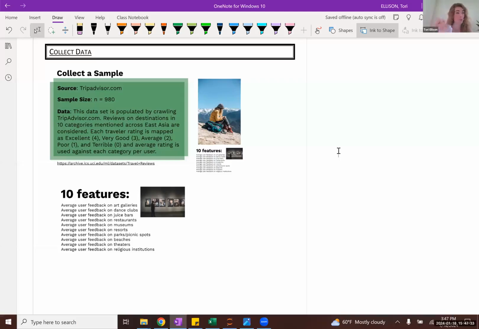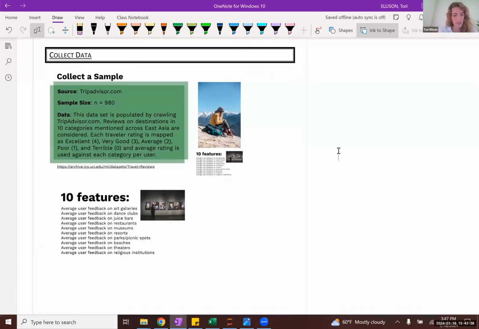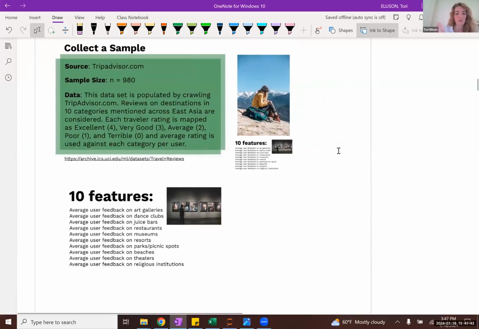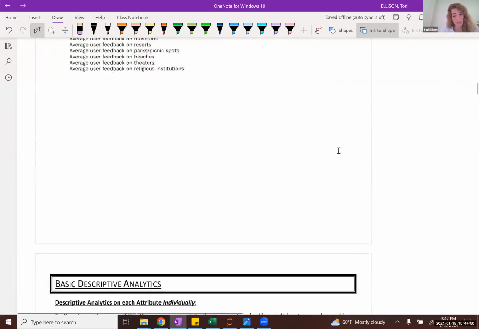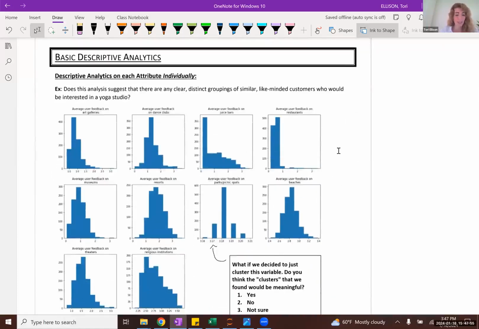Okay. Now, before we dig in to actually performing a cluster analysis, we want to think about how each of the parts of the data science pipeline that precede the use of a cluster analysis might actually influence decisions that we make later on in the pipeline. What we want to remember, again, is that cluster analysis is a type of descriptive analytics technique.